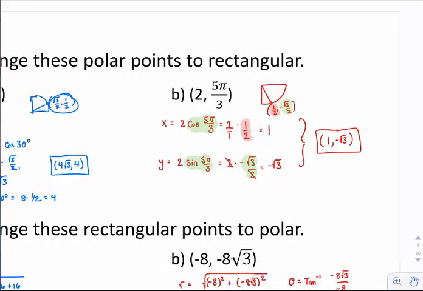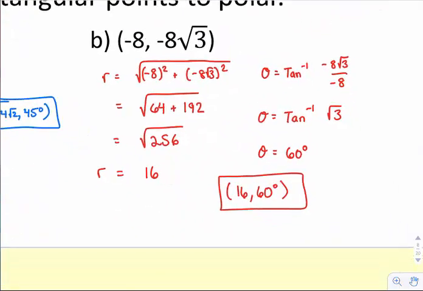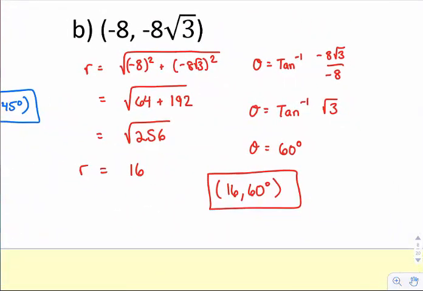So that's converting to rectangular; now converting to polar. Again, r is basically the Pythagorean theorem. I just did a little bit of math here, just so you know. Negative 8 squared is 64, times radical 3 squared, which is 3.